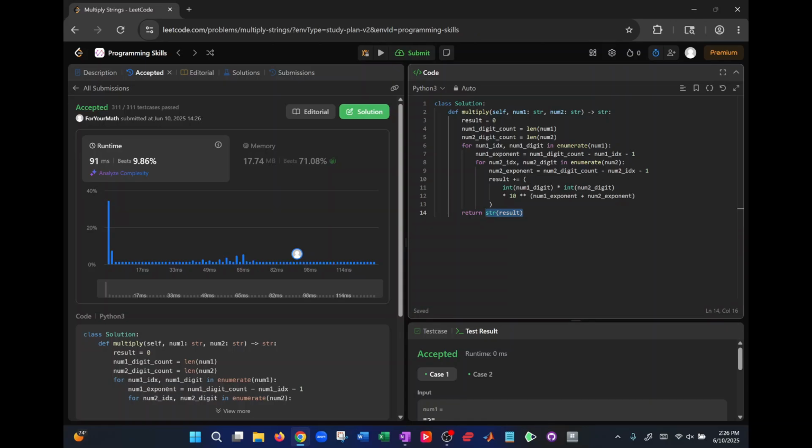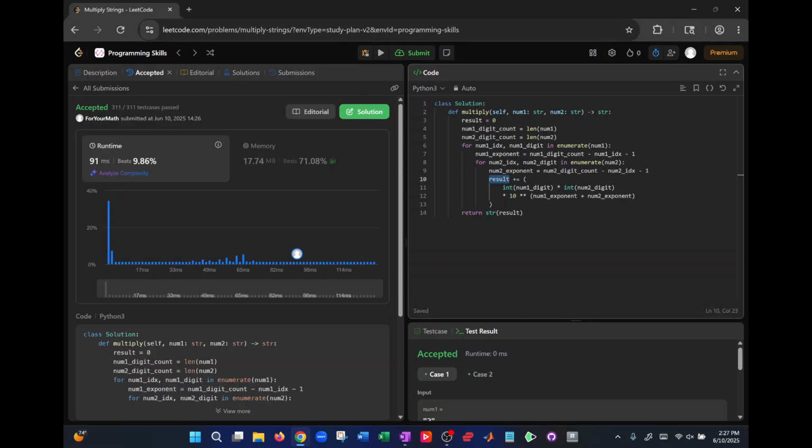but you could think, okay, well, we are converting it from an integer to a string here, so maybe we could just construct the result using strings instead. And it turns out doing it this way, constructing the result just using strings and not having it as an integer, actually ends up being more efficient.